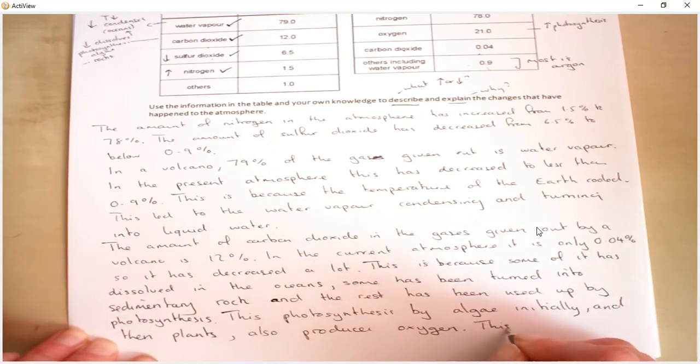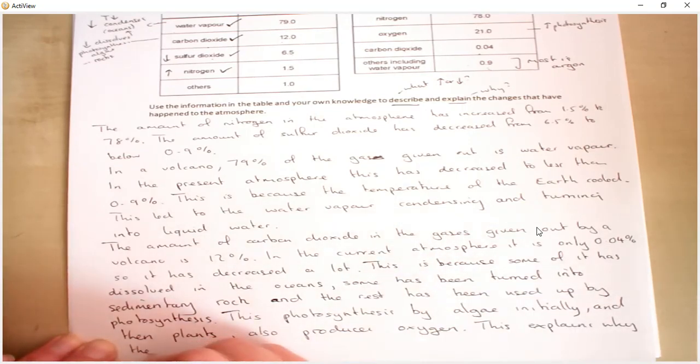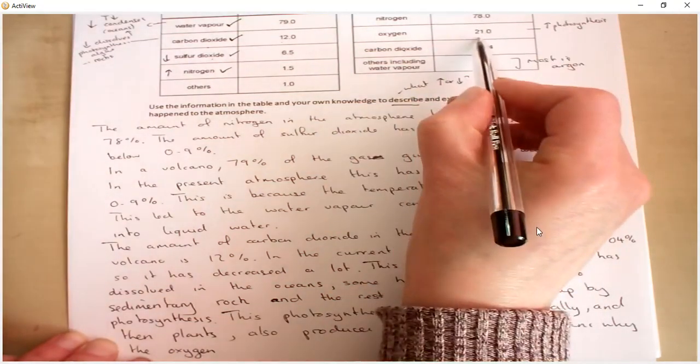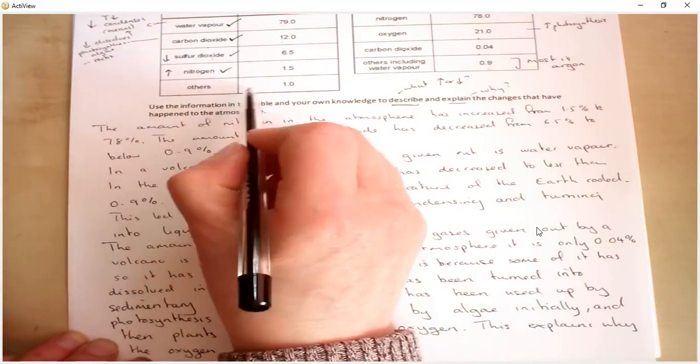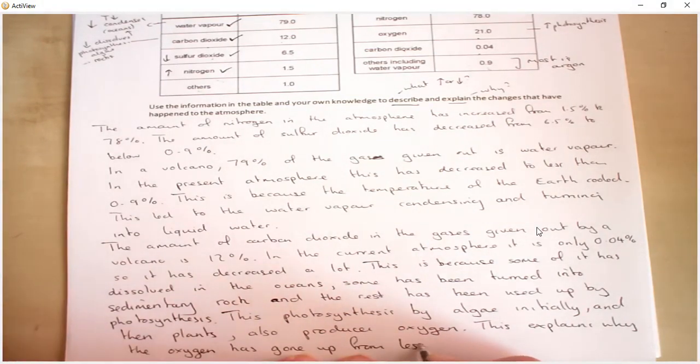This explains why the oxygen, so the oxygen is now 21%. It must have been included as others. So it explains why the oxygen has gone up from less than 1% to 21%.